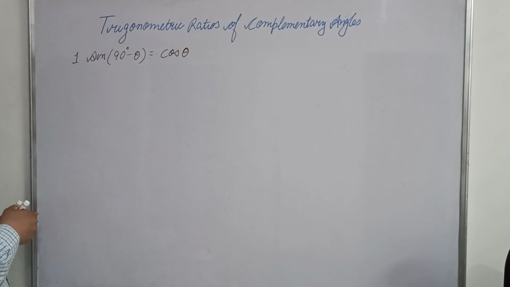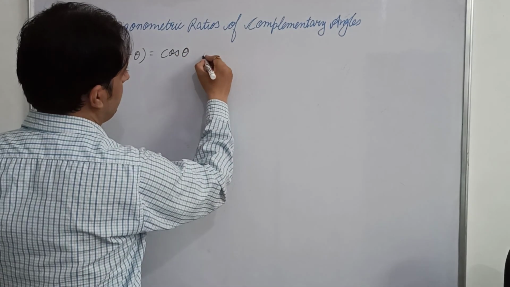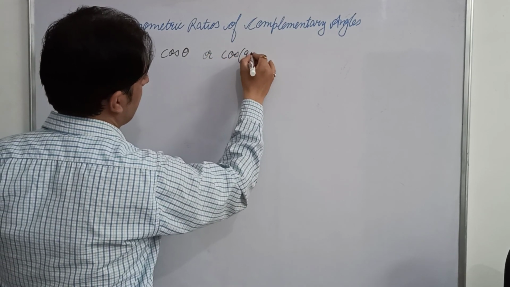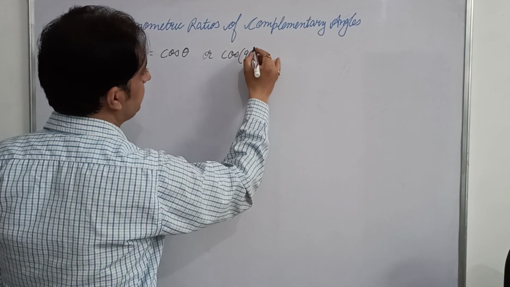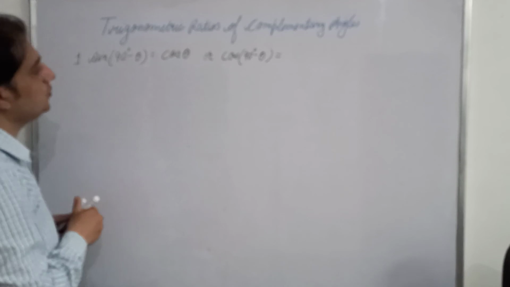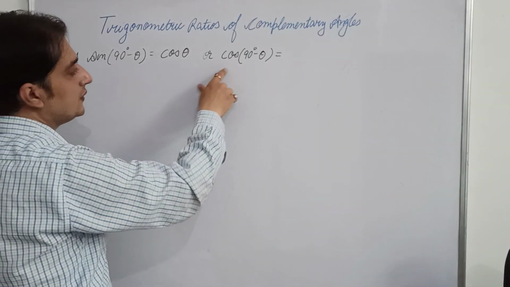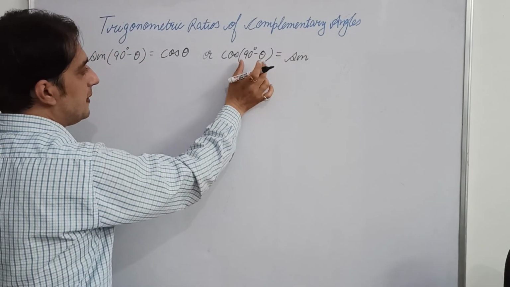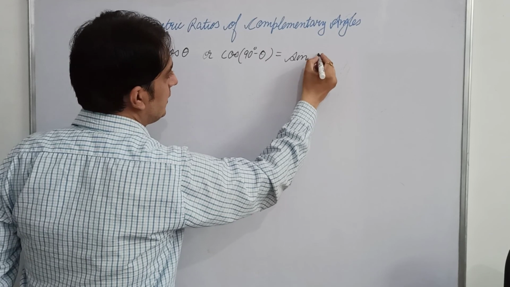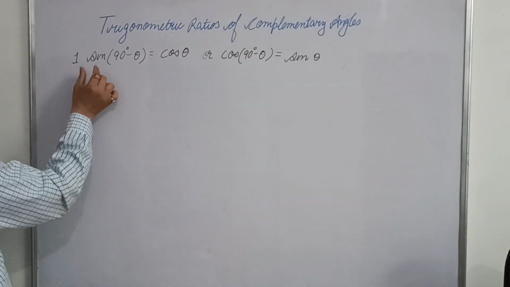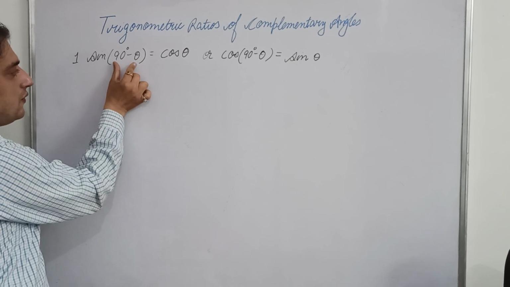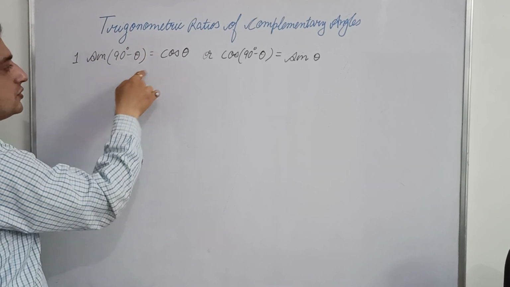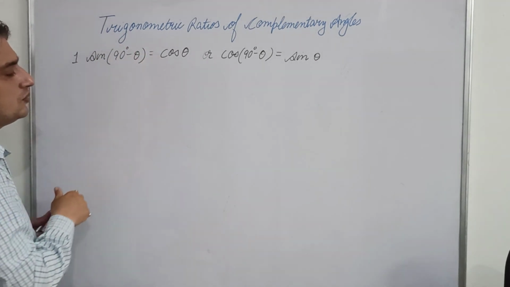Or you can write the cosine of 90 minus theta is equal to the sine of its complementary angle, that is theta. The sine T ratio changes to cosine.